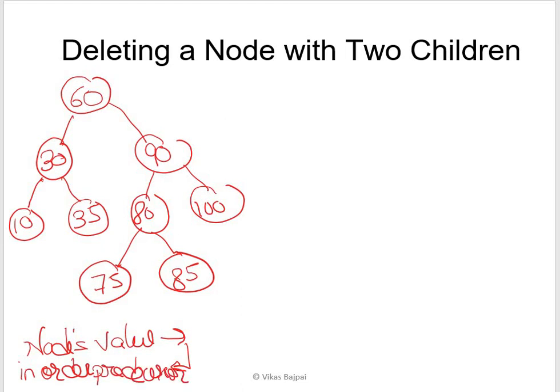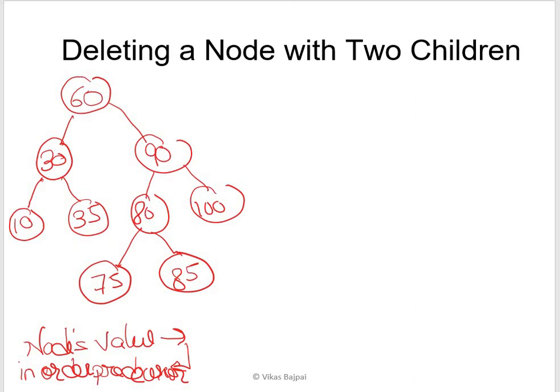I hope you are aware about the in order predecessor. That means the largest value in the left subtree, or the in order successor. That means the smallest value in the right subtree. Getting this part or not?